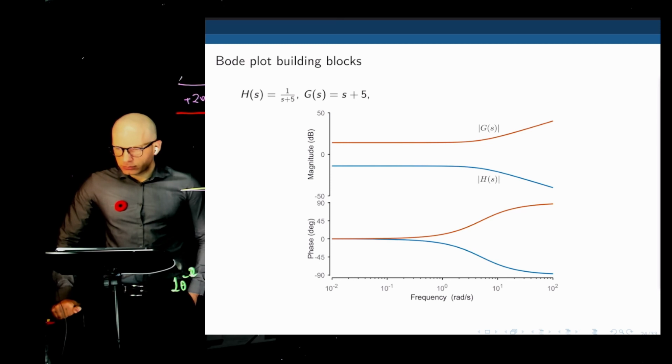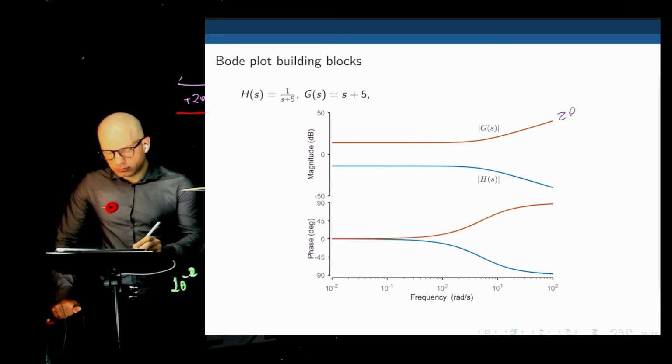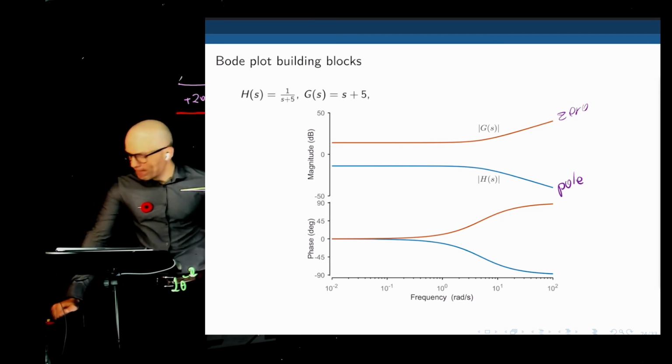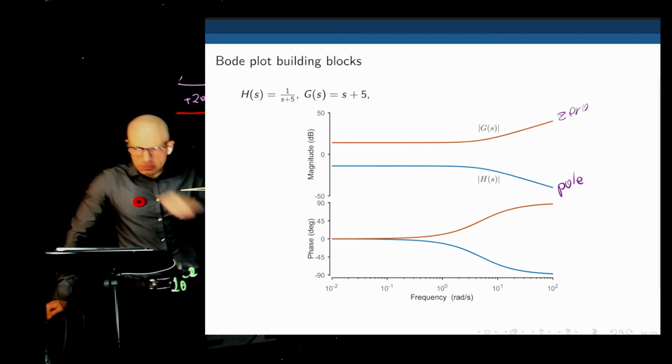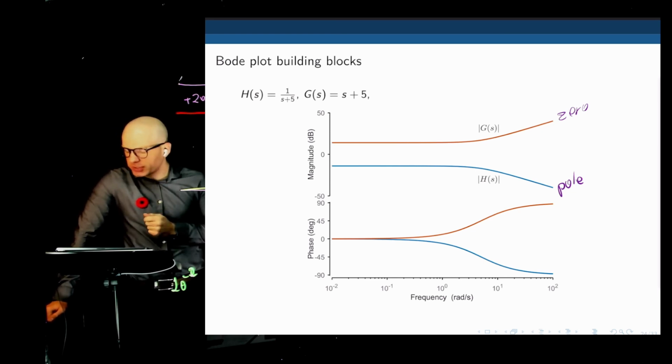So here, Professor, one of them is a pole and the other one is a zero. Yeah, so this is the zero. This is the pole. Okay, thank you. And then look at the phase. Phase goes to plus 90 degrees and then minus 90 degrees.